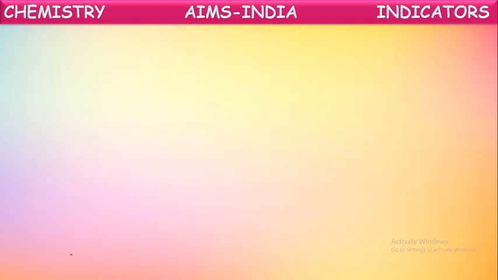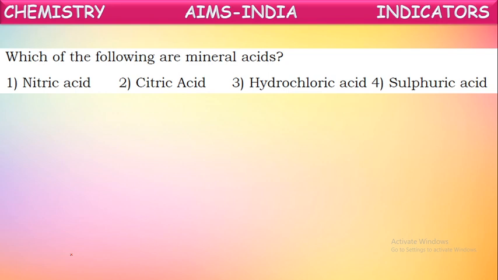Okay, next one. Which of the following are mineral acids? What does it mean, mineral acid? Mineral acid means the acid which is obtained or prepared from minerals in the laboratory, called mineral acid or inorganic acid.